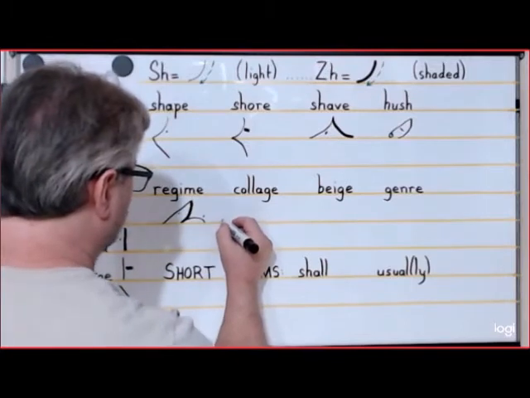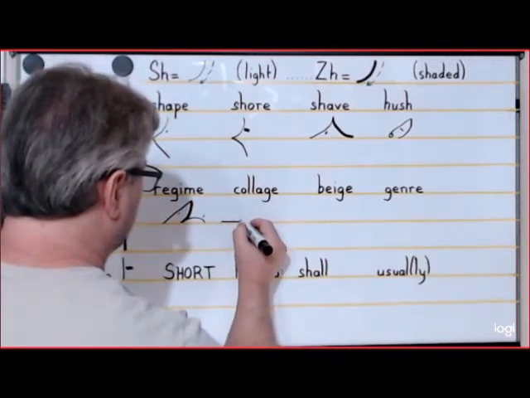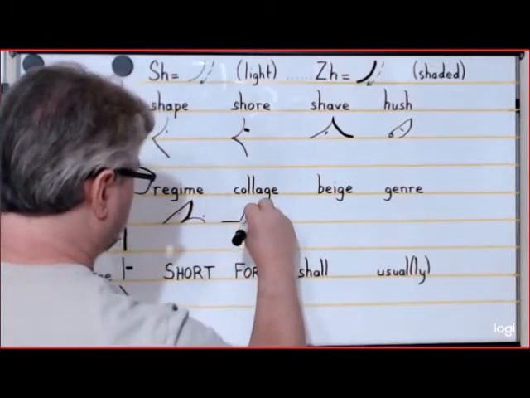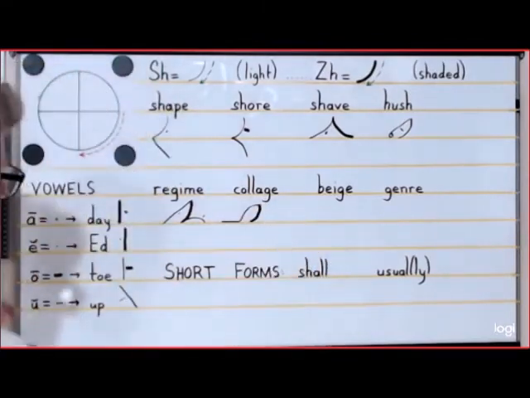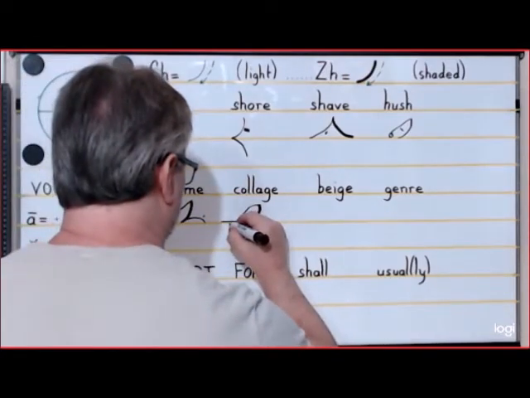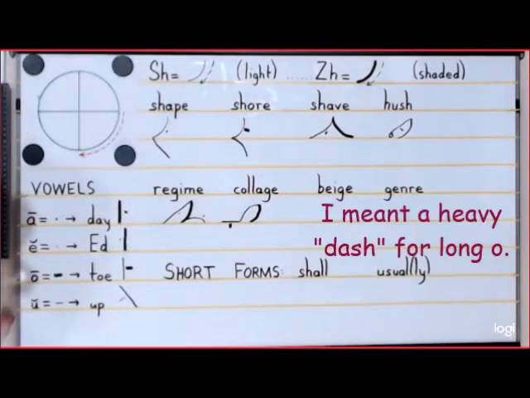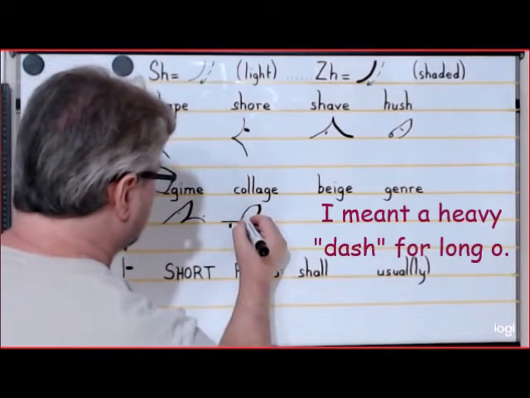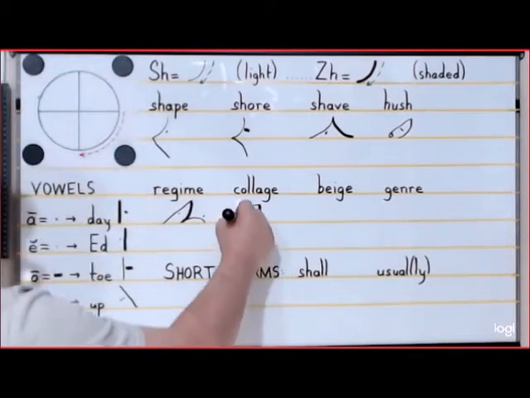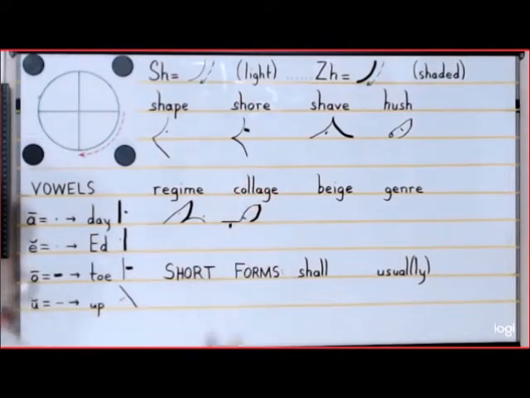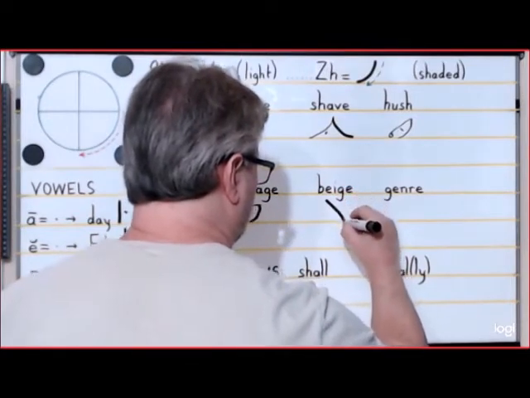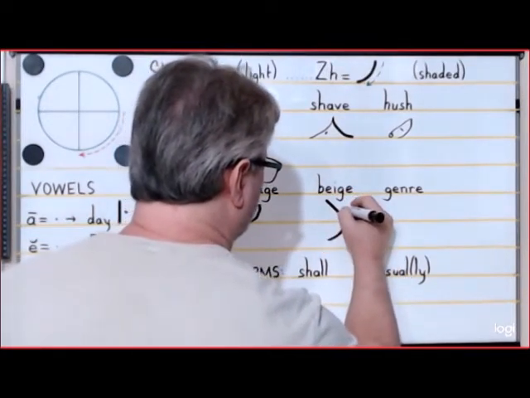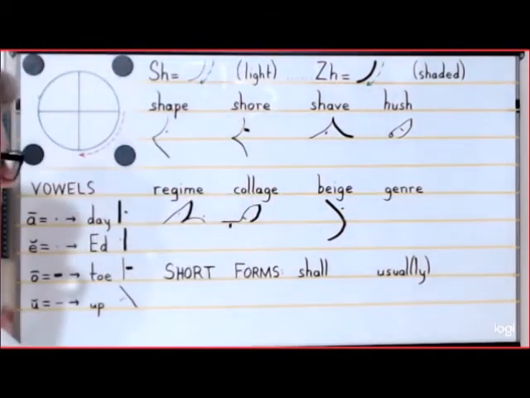For collage, it will be K, L, and then ZH. For the vowels, it will be the heavy dot for the long O here, and then a light dash in the first position right after the L here for the ah sound. For the word beige, it is a B and a ZH, and of course the heavy dot for the long A sound.